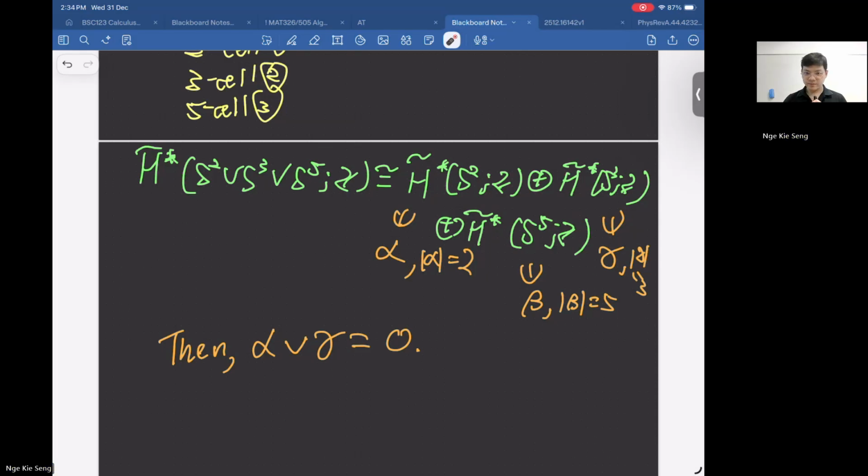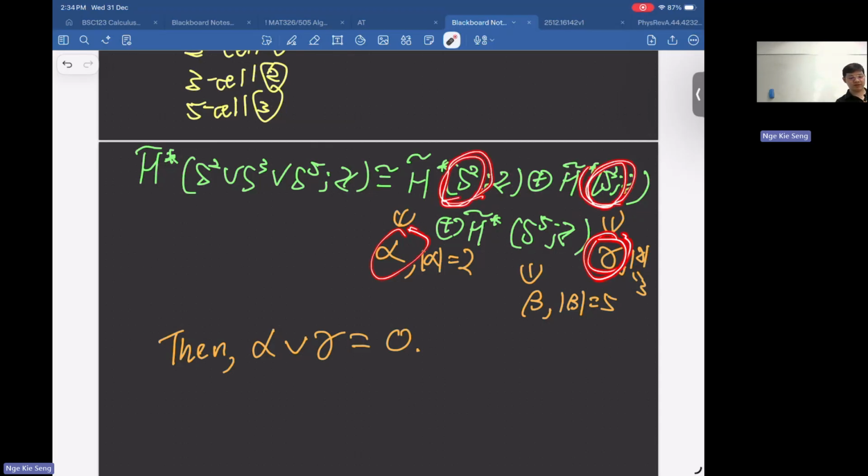Because when you do alpha cap gamma, it only has effects on the points of X2 and S3. It cannot apply to X5.